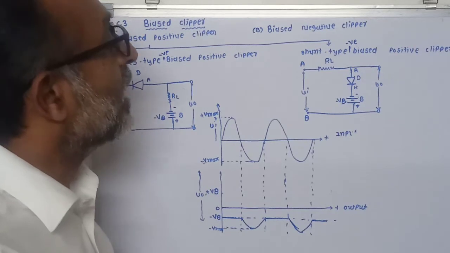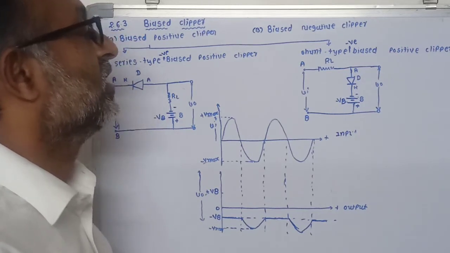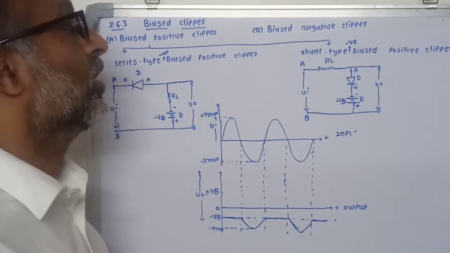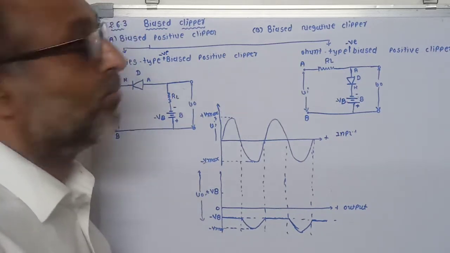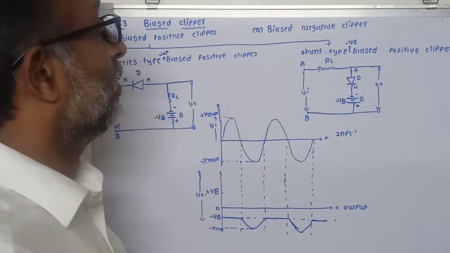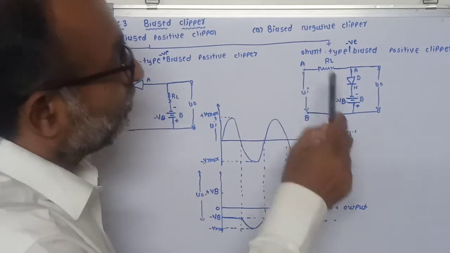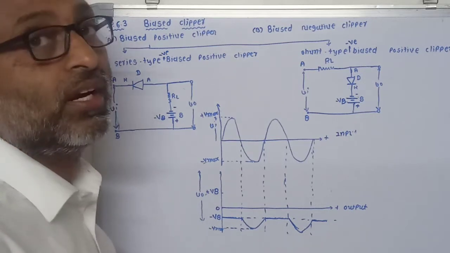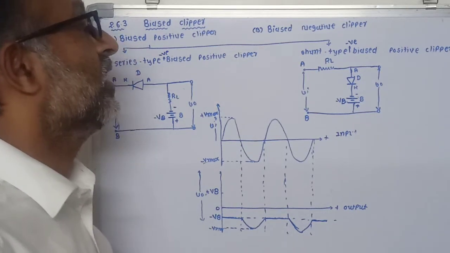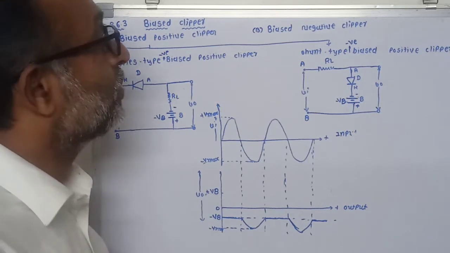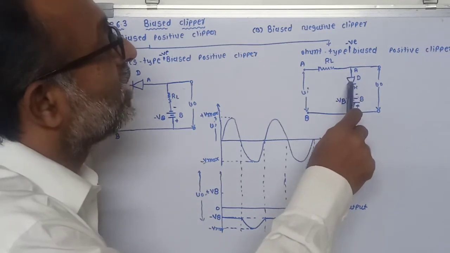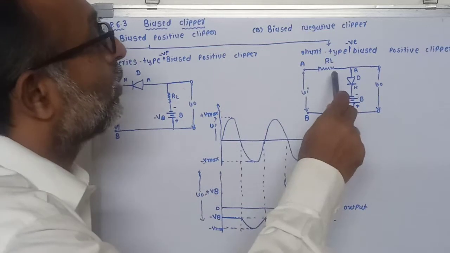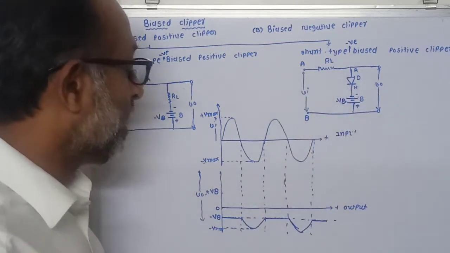That means the diode is reverse biased due to the input voltage, and the diode is forward biased due to the battery voltage. When the value of this input voltage is less than VB, at that time the diode is in forward bias, and it acts as a closed switch, and current passes through this load resistance and the diode.